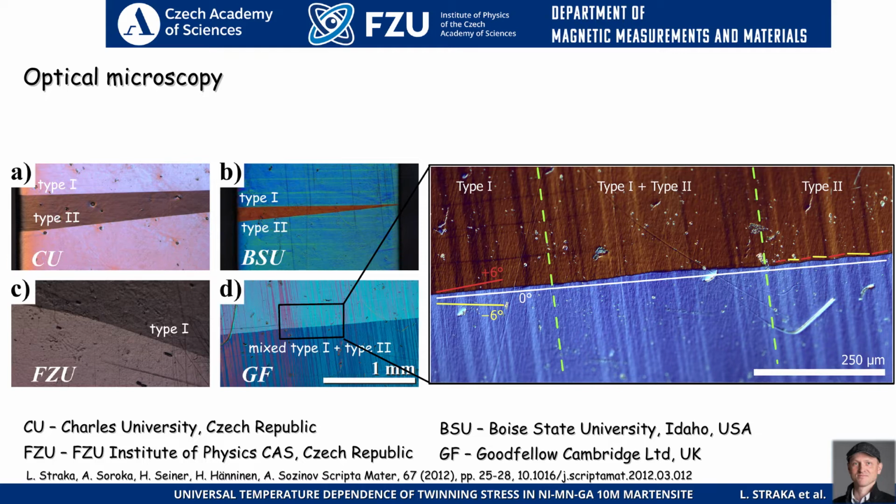This is interpreted as segments of type 1 twin boundary, which are the straight ones, and then the ones misoriented plus minus 6 degree are type 2 twin boundary. So we were not able to create pure type 1 or type 2. Always it was some kind of mixture, some mixed type 1 plus type 2 twin boundary.